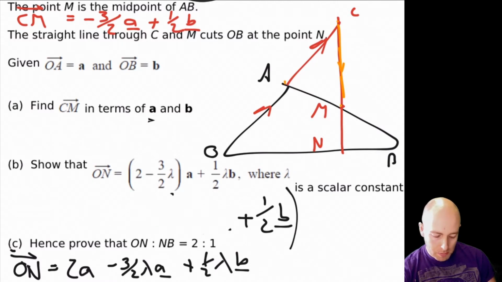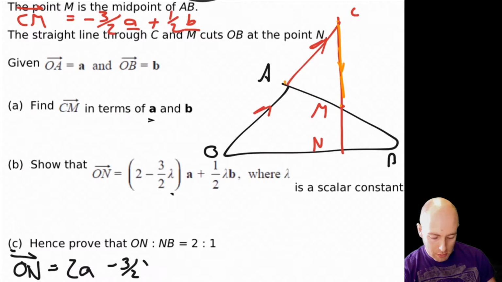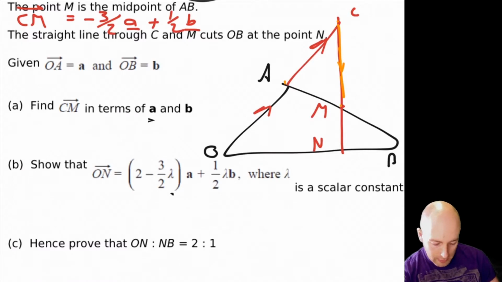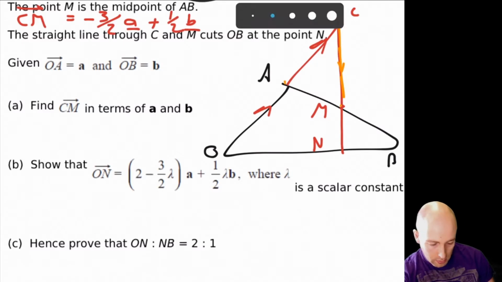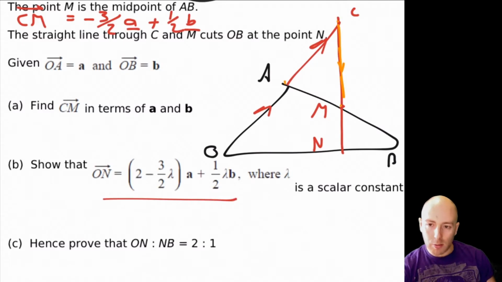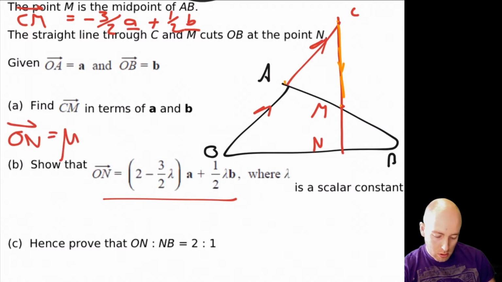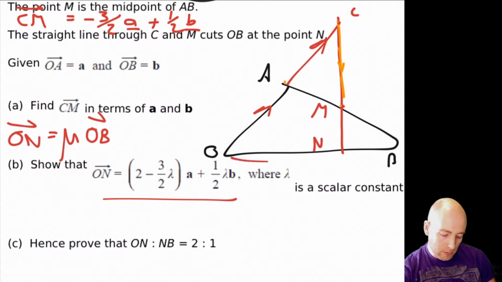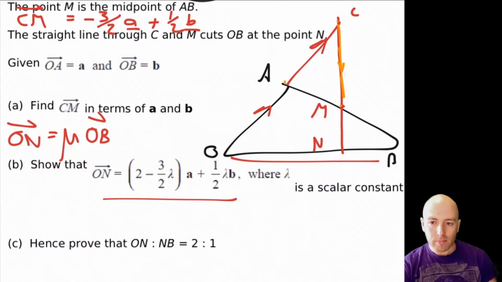Last part, hence prove that ON to OB is in the ratio 2 to 1. So we actually want to find out what the unknown constants are. So we're going to set our equation equal to another equation, ON equals mu OB, because obviously they're on the same line there. Set those equal.